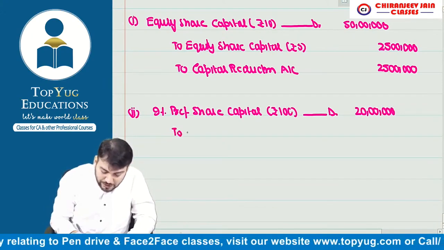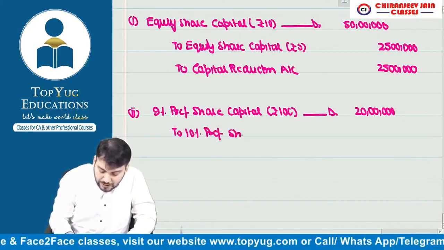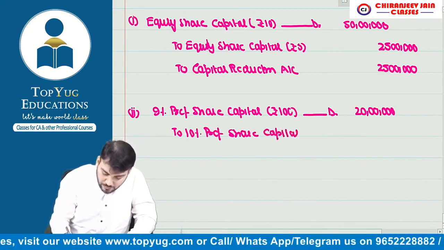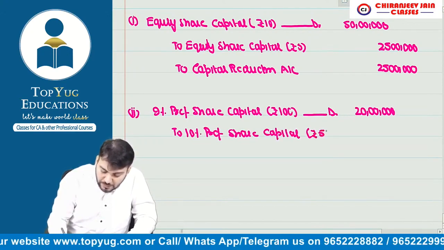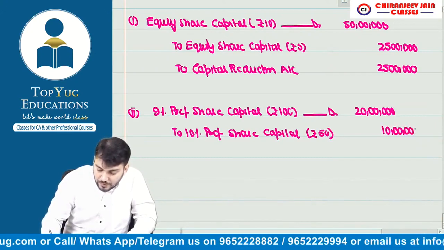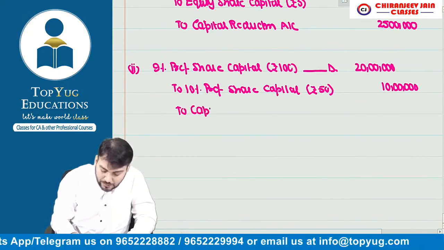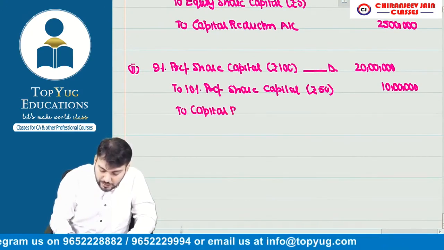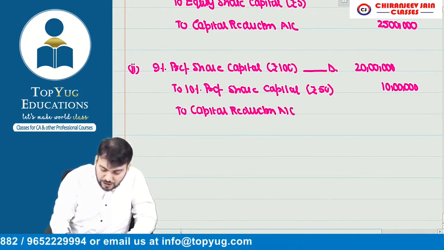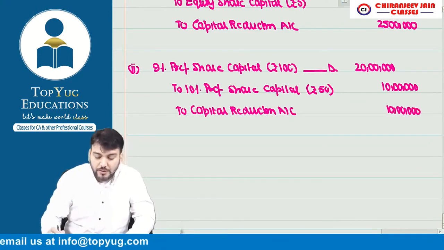Now it will become 10% preference share capital rupees 50, means 10 lakh, to capital reduction account. How much? 10 lakh. Understood this point?